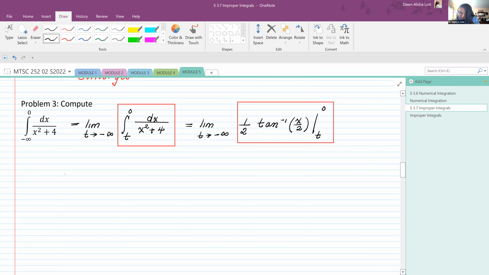Okay, so this is now the limit as t approaches negative infinity, 1/2. I'm going to get the tan inverse of 0 minus the tan inverse of t/2.